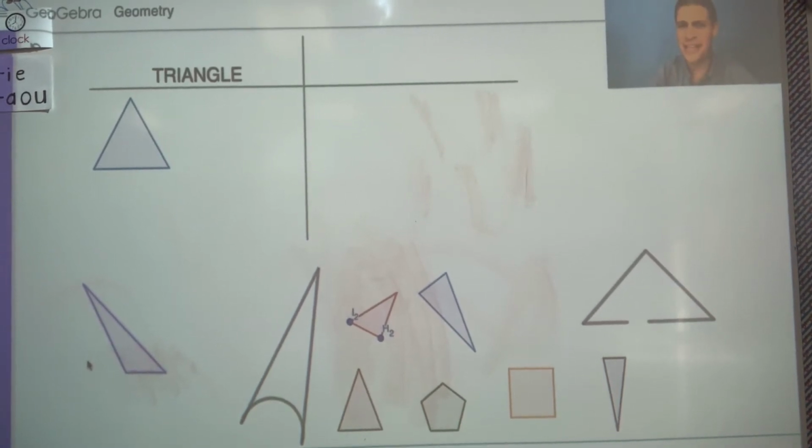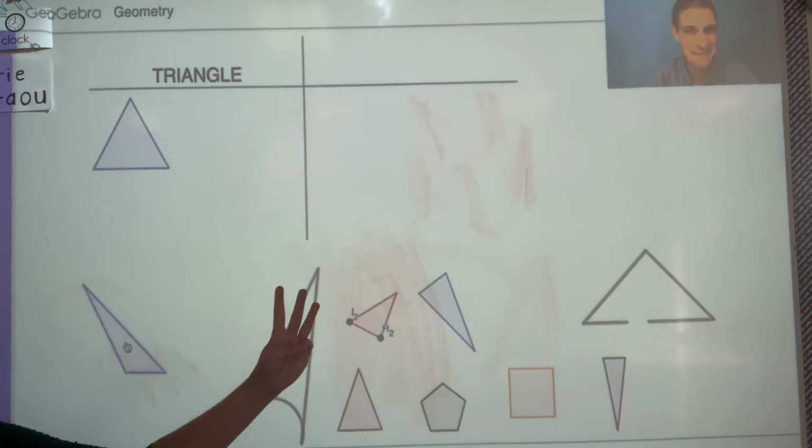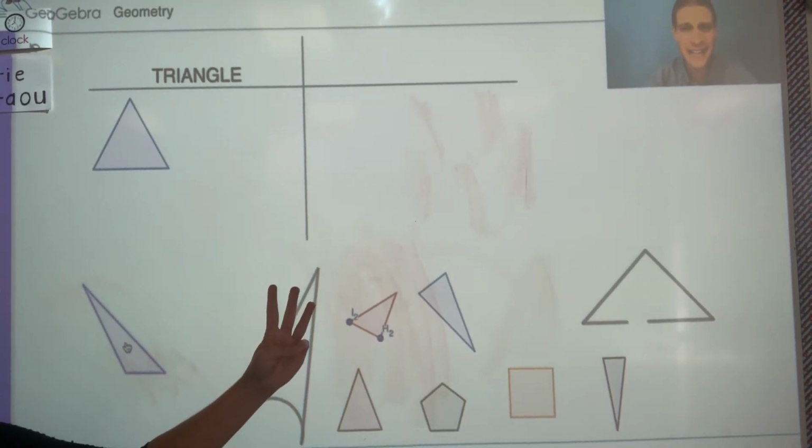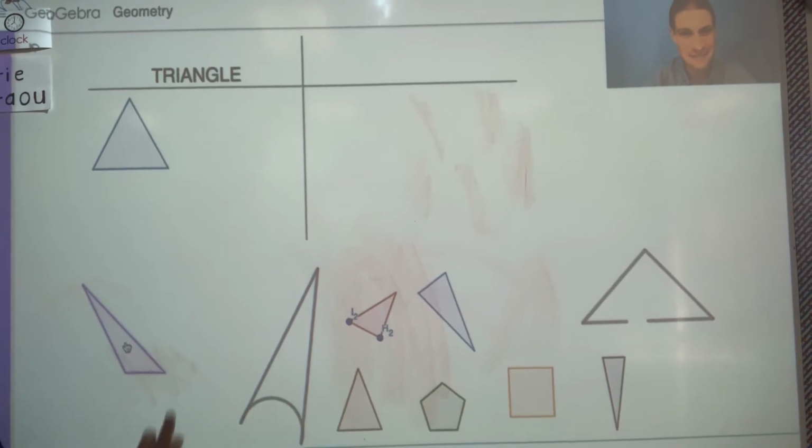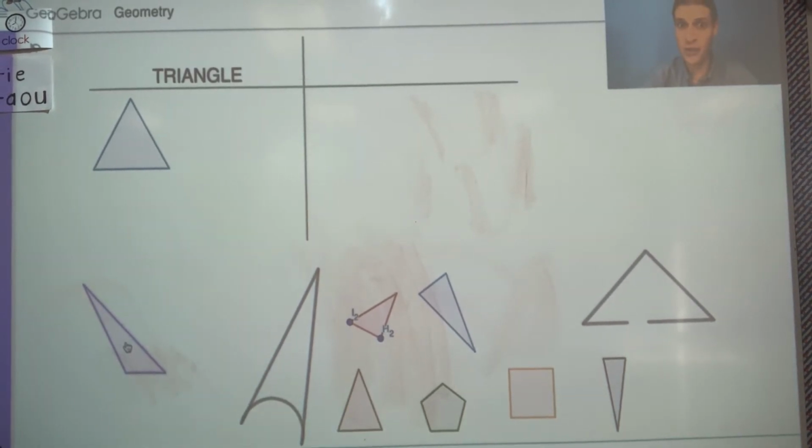I'm starting to see a pattern. How many sides are in this purple shape? Think. Say it. Show it with your fingers. Yeah, 3 sides. How many corners does this purple shape have? Show it with your fingers. Say it. 3 corners.